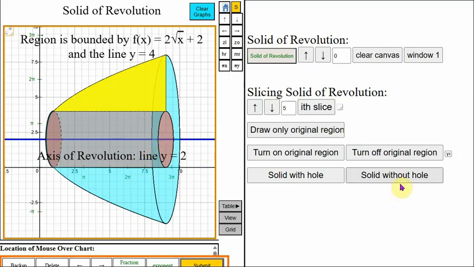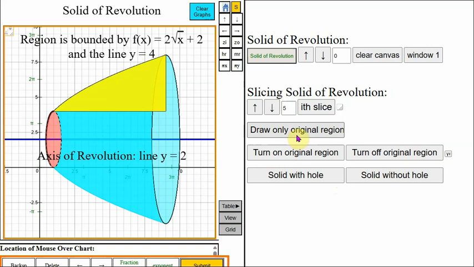And so here's what the solid without the hole looks like. This is the solid without the hole, and here's the solid with the hole. We want to find the volume of this solid without the hole.